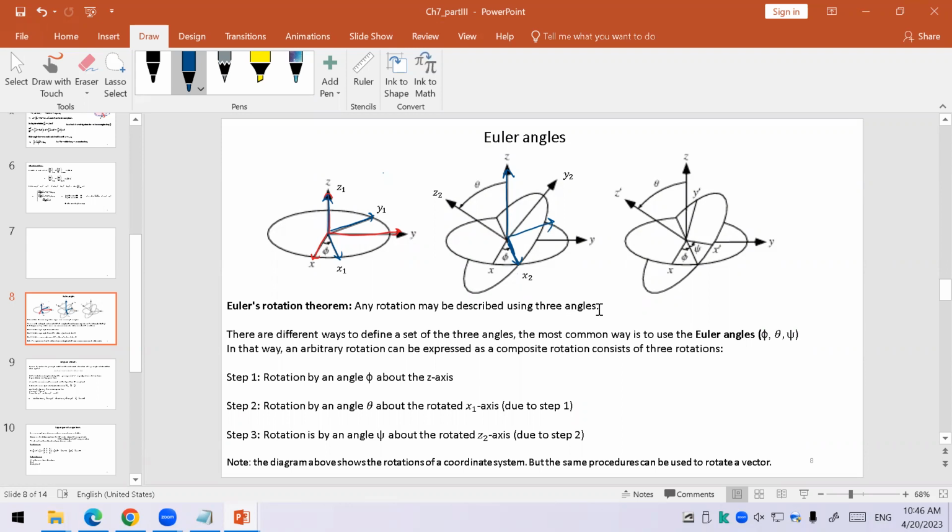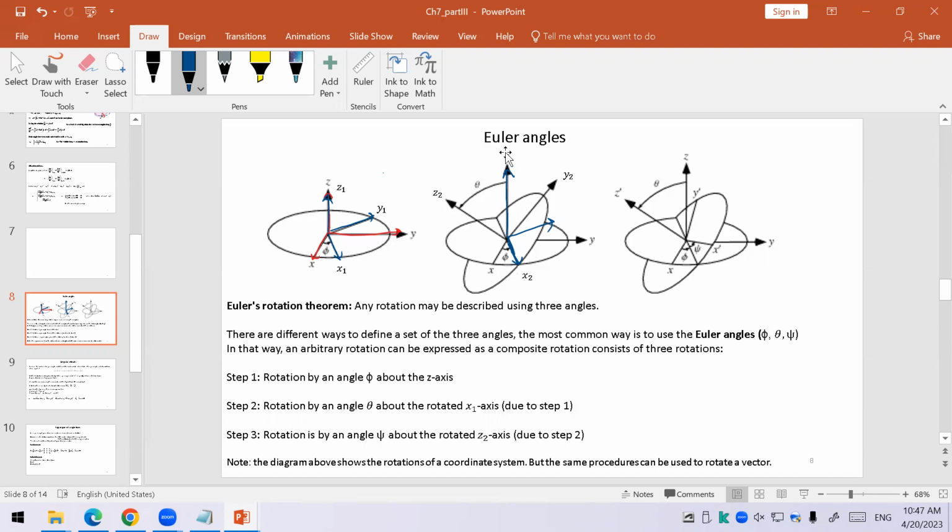So what I do now is a rotation about the x1 axis. From the red, I have x, y, z. After rotation, I have x1, y1, z1. So x1 is not parallel to x anymore. The step two I'm going to do is a rotation about the new x-axis, the x1 axis, by an angle theta.